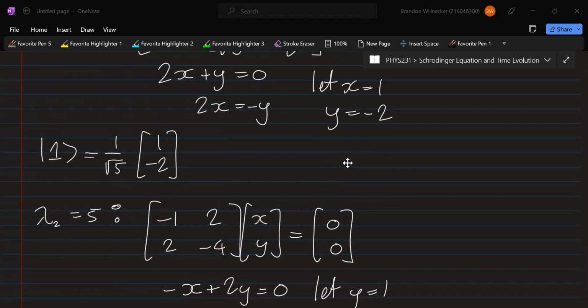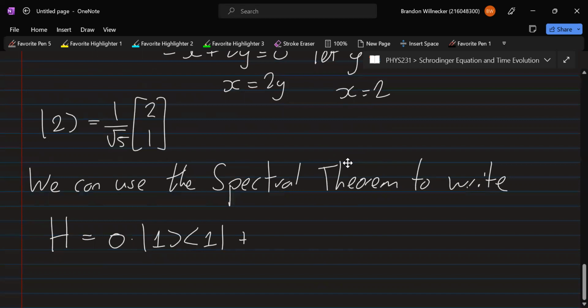Okay, so that's fine there. Plus, the second eigenvalue is 5, and then the second projector, again, everything's fine because we have normalized it.